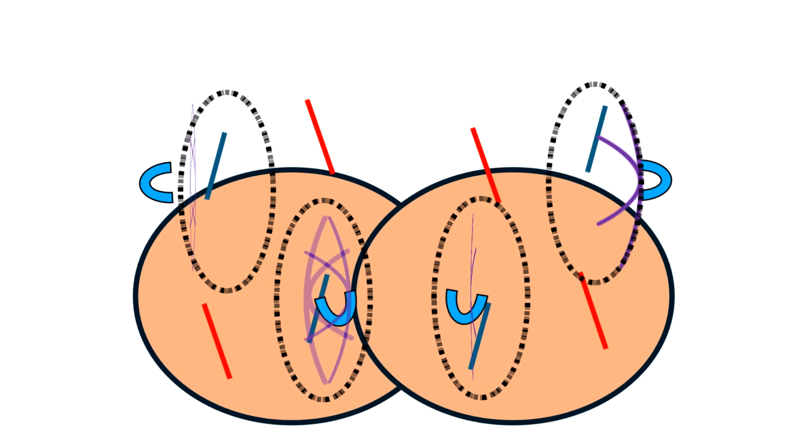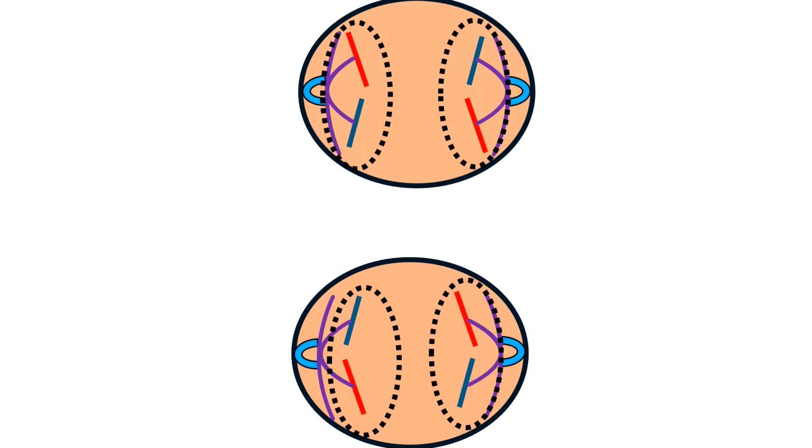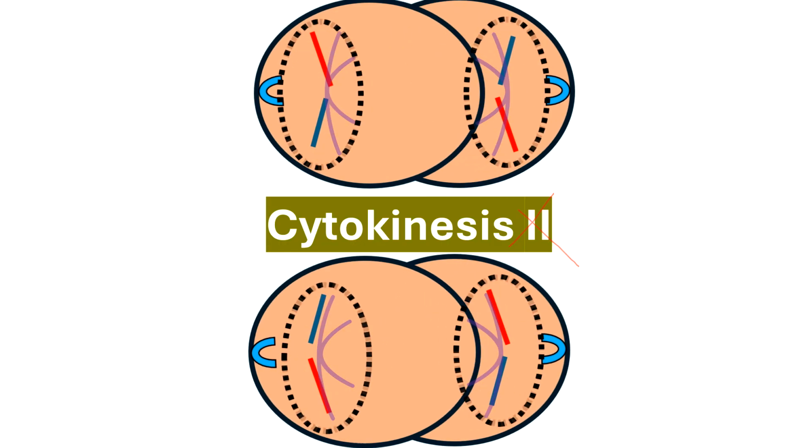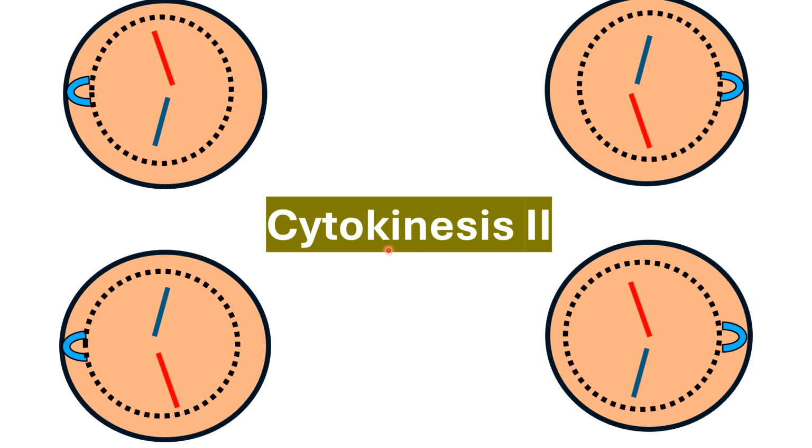Cytokinesis 2. Well, you don't necessarily need to call it cytokinesis 1 or cytokinesis 2. It would just be cytokinesis for both cases. So it's going to happen. Boom. 4 cells. We went from diploid to haploid.